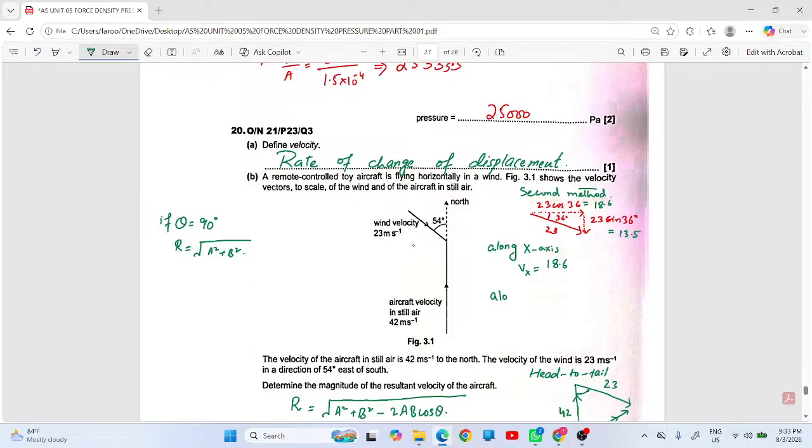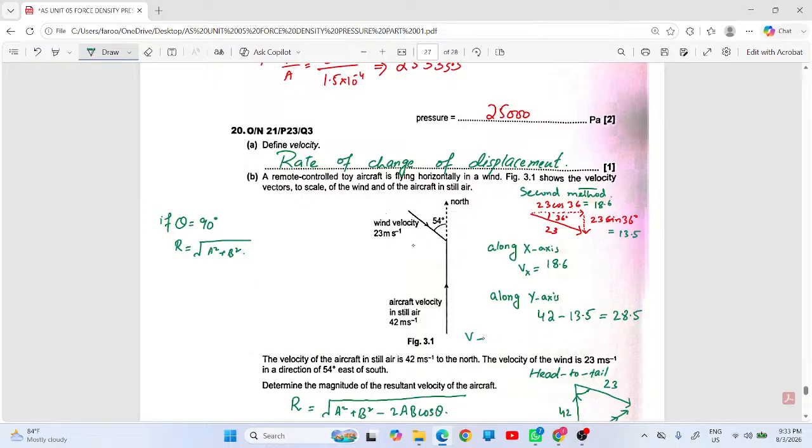Now along the y-axis, the sum of the velocities: here look, 42 is upward minus 13.5, yes, check. 28.5.